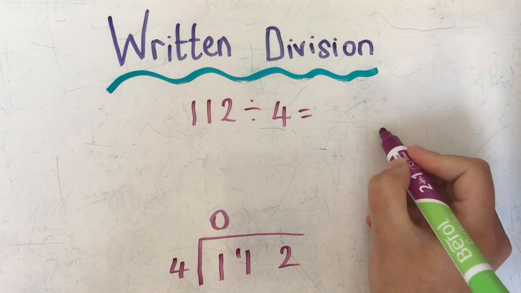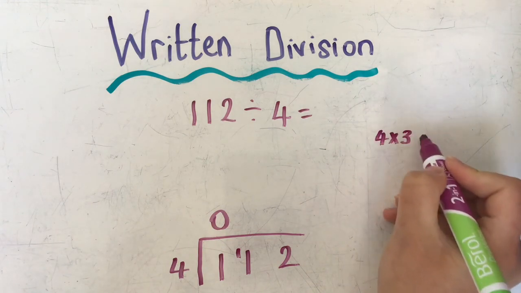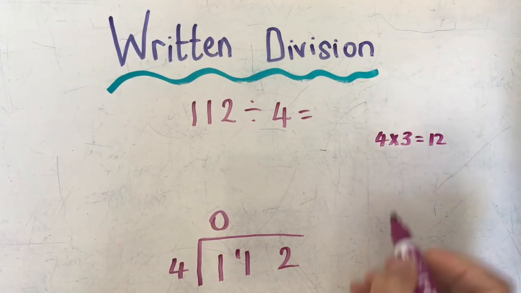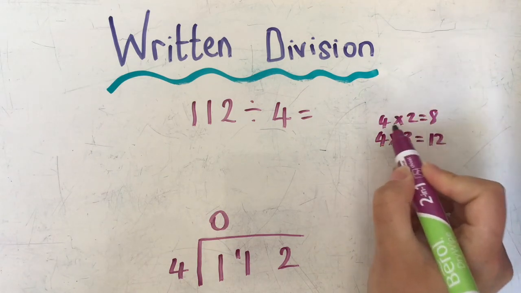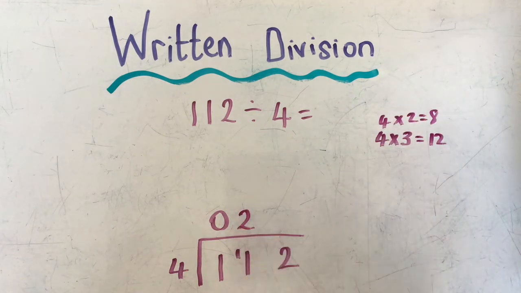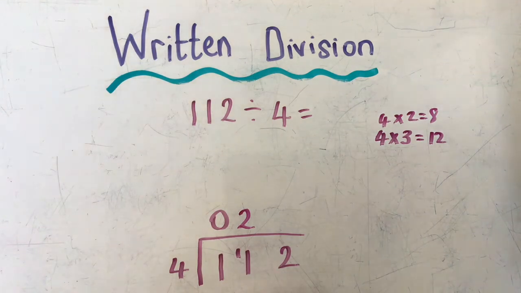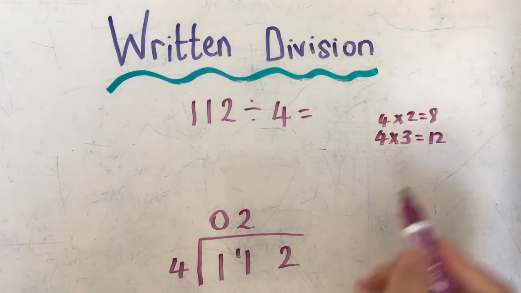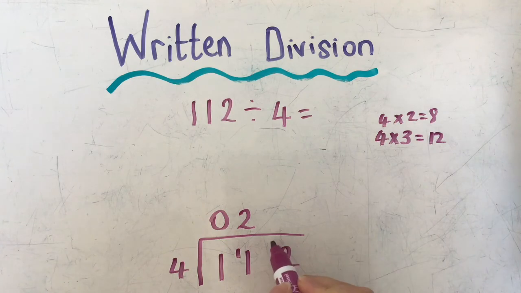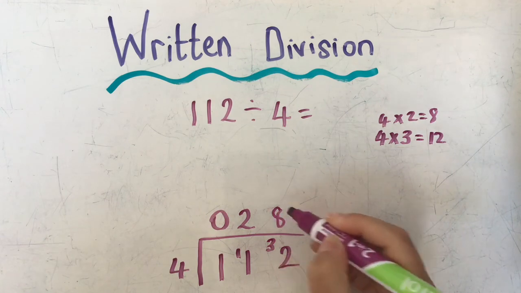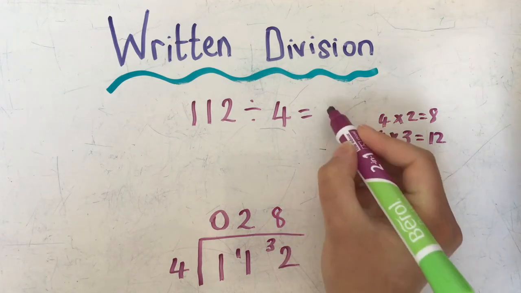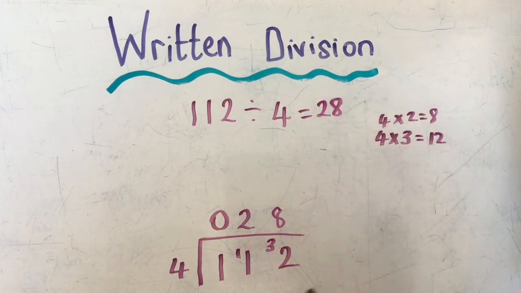If we think of our 4 times tables, 4 multiplied by 3 is 12, which is too big. 4 multiplied by 2 is 8, so we have to say that it goes in twice and carry over what is left over, which is the difference between 8 and 11, so that's 3. And then 4 goes into 32 8 times. So our answer is 28.